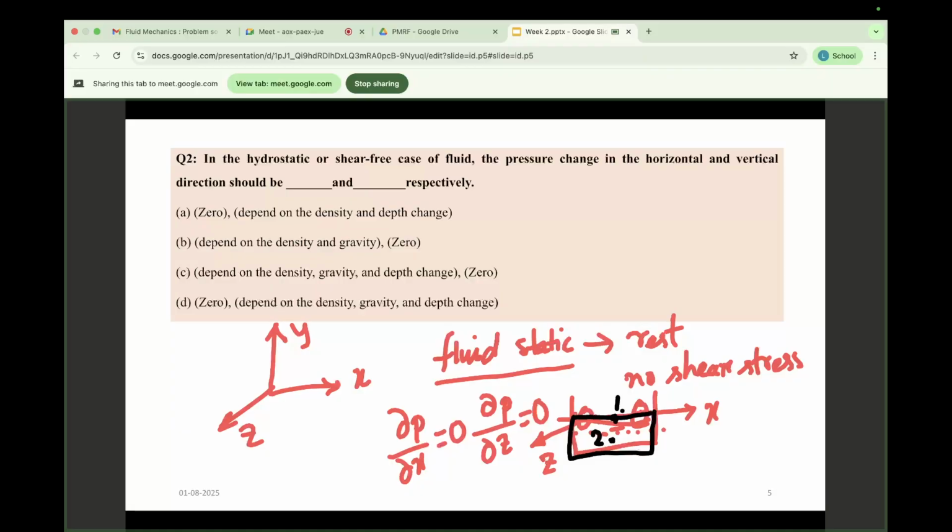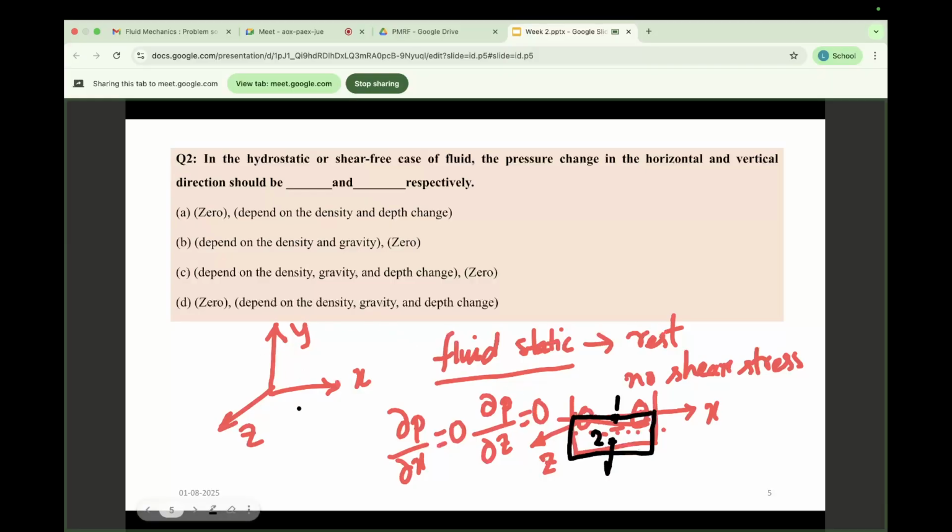Point 2 is below point 1. So point 2 experiences some forces. Why? Because of the body force or the gravity, right? So the pressure at points 1 and 2 can't be the same.